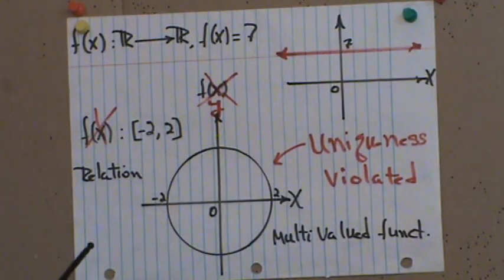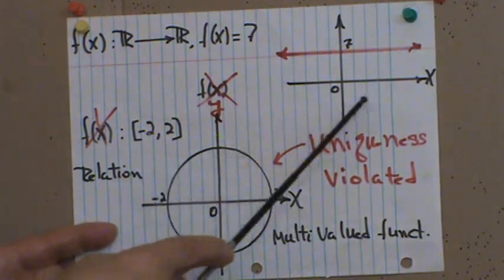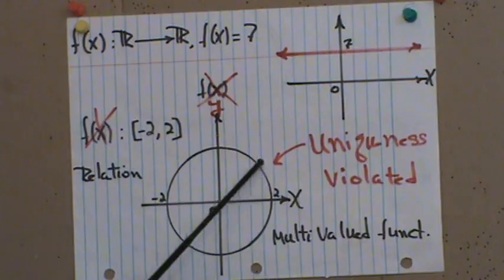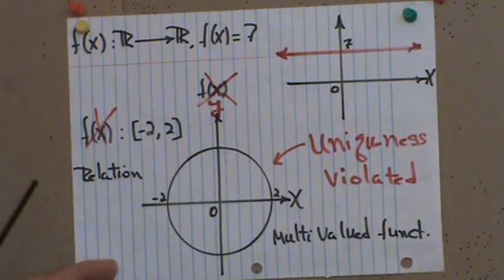But this is really the way that we look at the function in the elementary courses, freshman, sophomore. But when you go to a little bit upper courses, this kind of function is called single valued function. And this kind of relation is called multi-valued function.